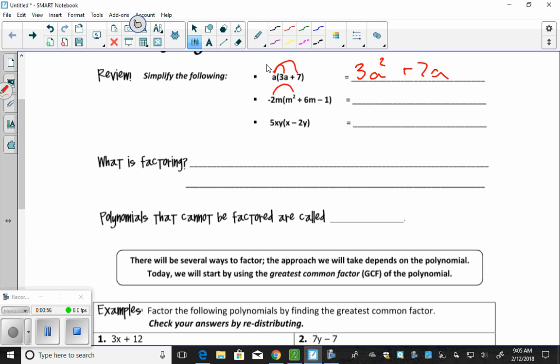Next problem, I have negative 2m times m squared gives me negative 2m cubed. Okay, when you're multiplying variables, you add the exponents. So what's negative 2m times 6m?